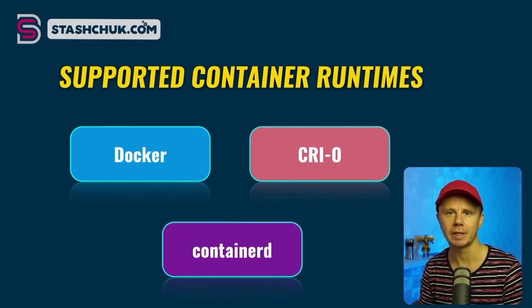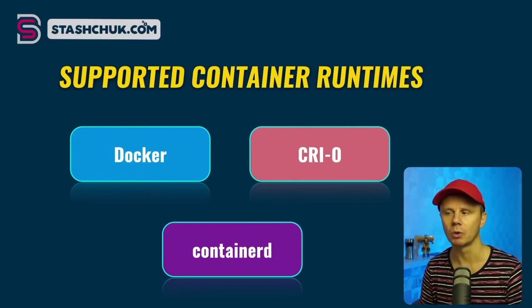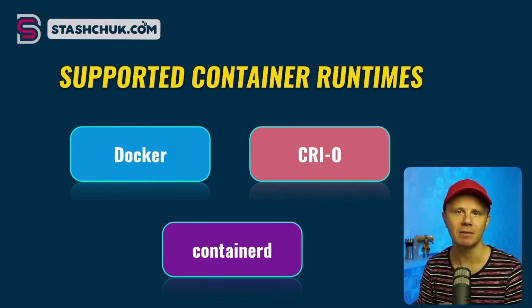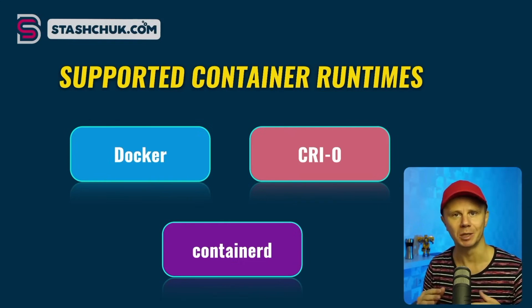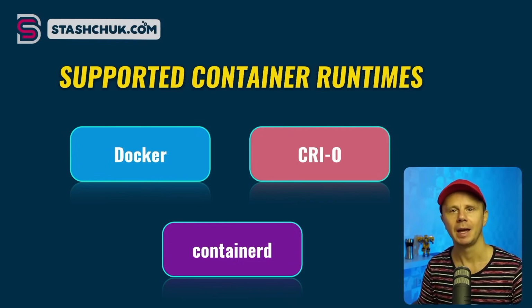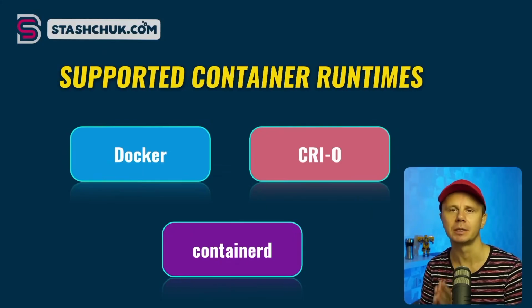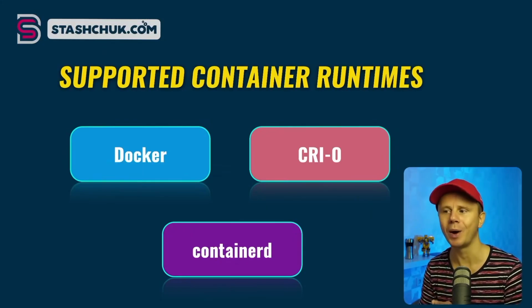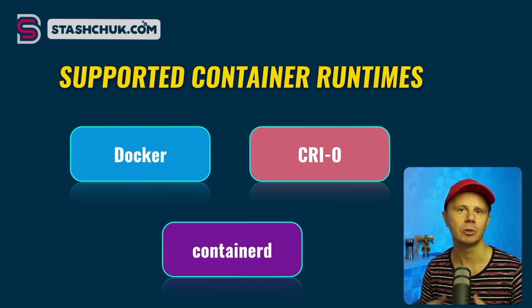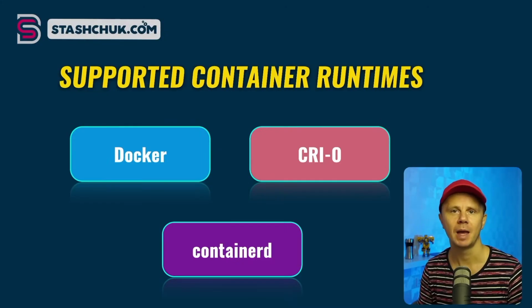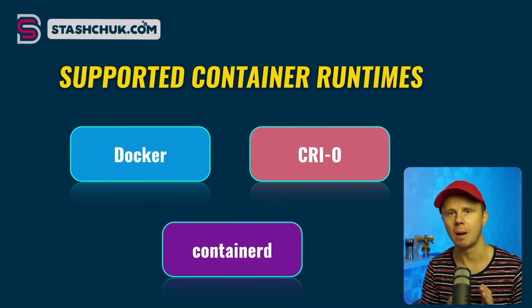And such a container runtime, for example Docker or CRI-O, must be running on each of the servers which are included in the Kubernetes cluster. The main outcome here is that Kubernetes can be utilized even without Docker at all. It supports other container runtimes like CRI-O and Containerd. And at the end of this course, I'll demonstrate to you how to change the container runtime and move from Docker, for example, to CRI-O.